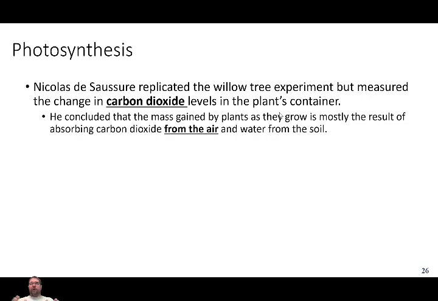Now, when we talk about plants, we're going to talk about the role that nitrogen, phosphorus, and potassium play in plant growth. But realize that, yes, they play a big role in plant growth, in how much new tissue is put on, when flowers can be made, when fruits can be made, etc. But the actual body tissue of a plant is based on carbon dioxide from the air, mixed with water from the soil.